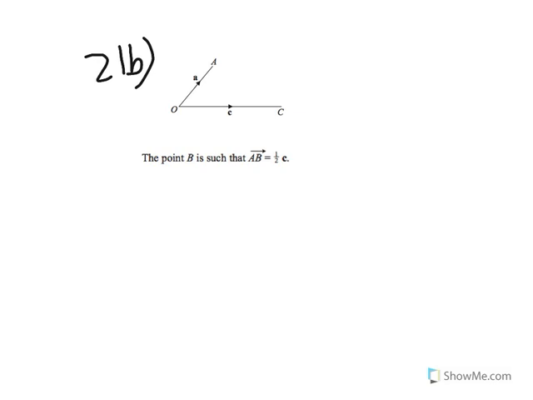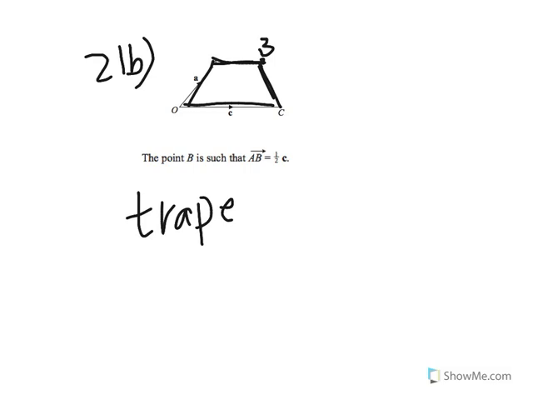It's half of C, meaning the magnitude will be half of this, so it'll be about this much. So just draw that from A. That's about half C, and this should be your B point over here. Now if you look at the quadrilateral formed, it's a trapezium, because these two sides are parallel and there are two other sides. So the quadrilateral formed is a trapezium.